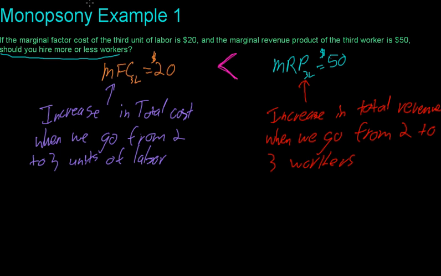And we know that if we're maximizing profit, then the marginal revenue product has to be equal to the marginal factor cost. So we know that we're not maximizing profit because these are not equal. Greater than does not mean equal. So we know that we should be doing something different, because a firm's goal is to maximize profit.